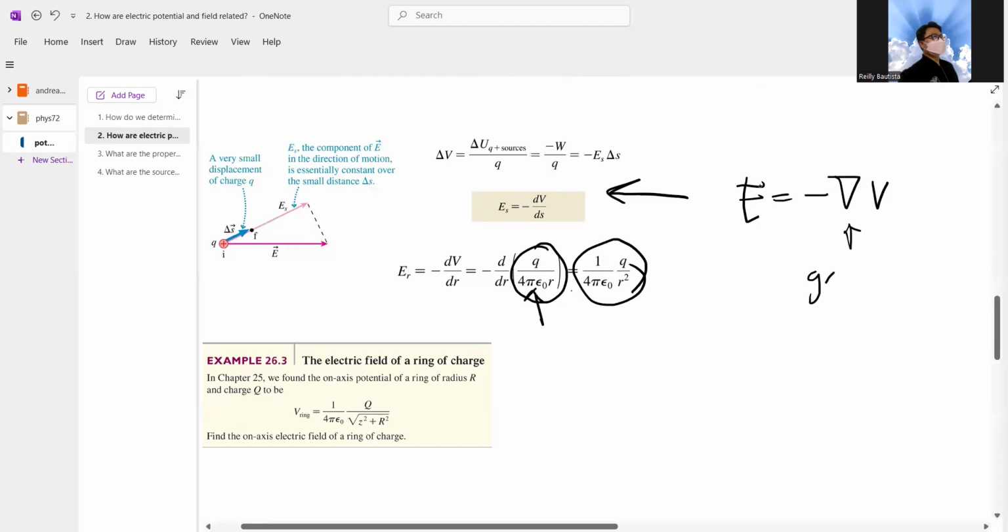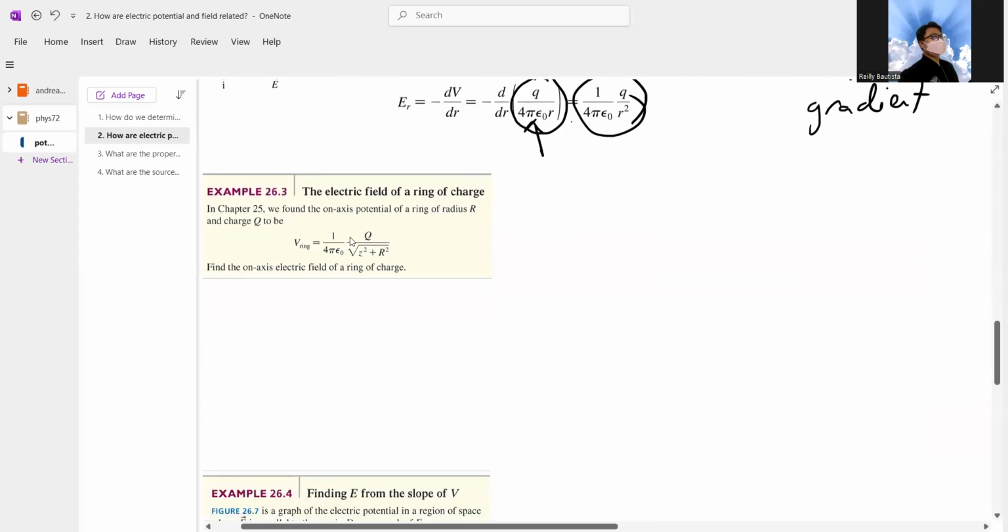This is called the gradient. What happens in the gradient is that it converts a scalar field to a vector field. You probably learned that in Math 55 if you still have that. But for now, we're going to use this one. So we impose a direction, so we're getting the component along that given direction. We will try it here.